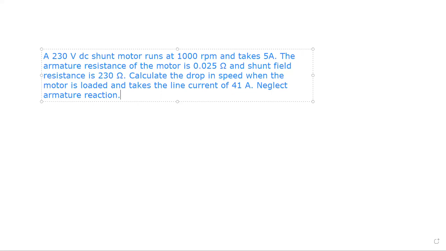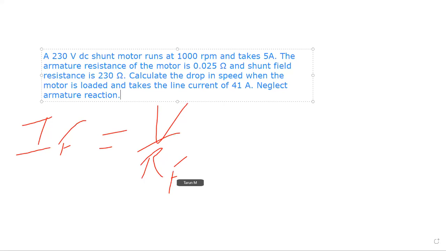So first of all, we will find out the field current. We have the voltage, we have the resistance, and then we are going to find out the field current IF. First, we'll solve the full problem. Then later on, if you have any doubt, you can ask me. Okay. IF equal to V upon RF. So from this equation, you can calculate the field current, right? V is 230 volt and the shunt field resistance is 230 ohm.